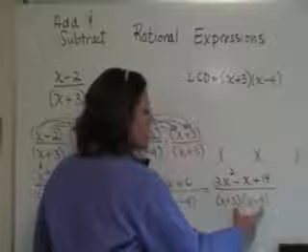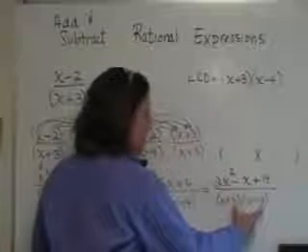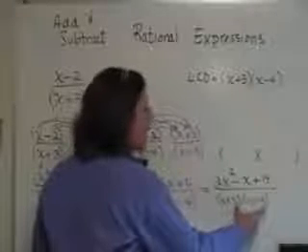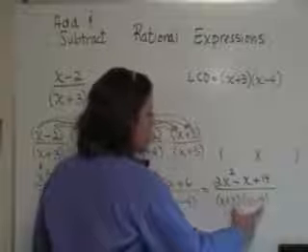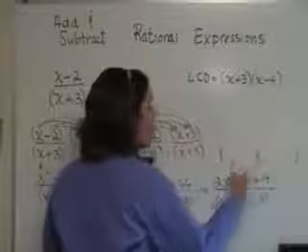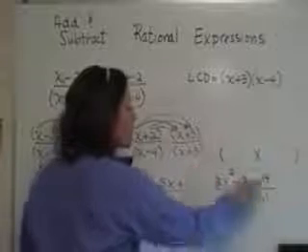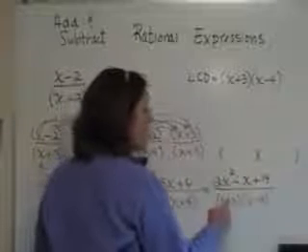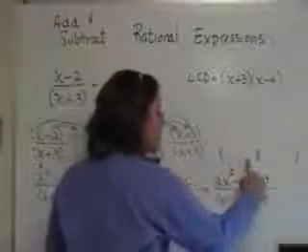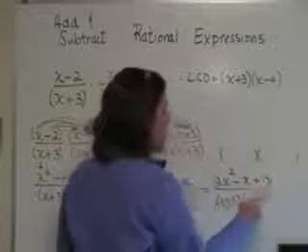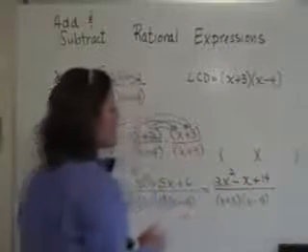These two binomials don't end in a 2 or a 7, nor do they end in a 14 or a 1. So it makes no sense for me to attempt to factor this trinomial when I can see that there is no way that I'm going to get either an x plus 3 or an x minus 4 here that I could simplify with these denominators.